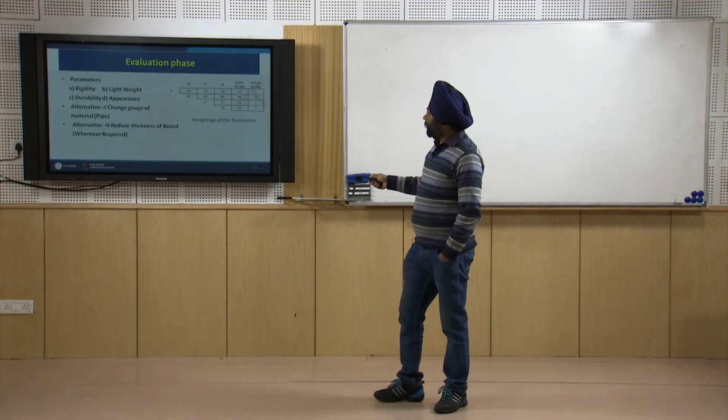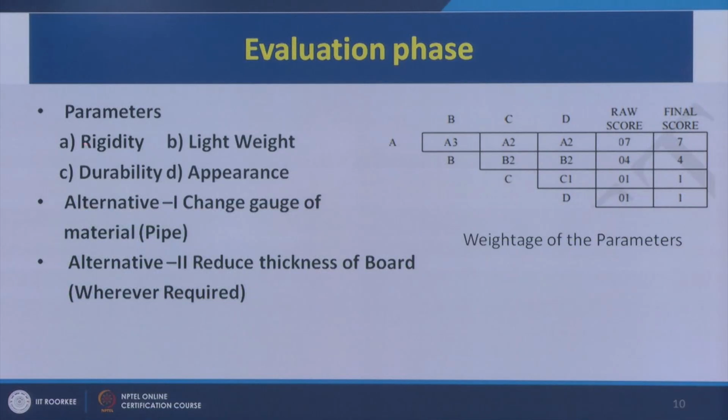A and B, rigidity and lightweight, have a very good interaction, so that has to be considered. Then A and C, rigidity and durability, have a medium interaction too. So similarly we can do 3 plus 2 plus 2 is 7, 2 plus 2 is 4, and 1 is 1.